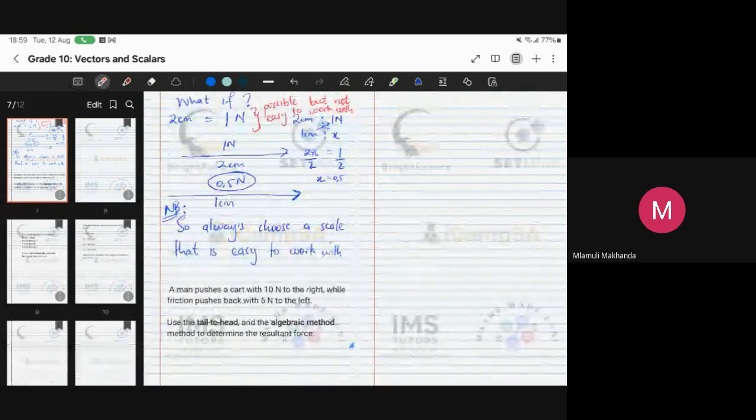Great. Now for our problem, we choose 1 cm is equal to 1 Newton.